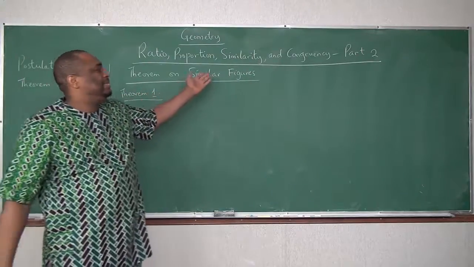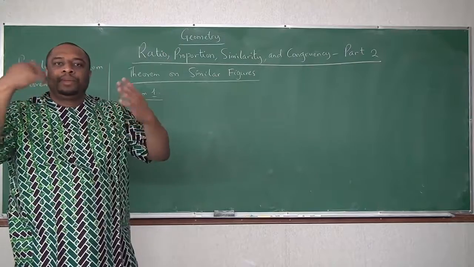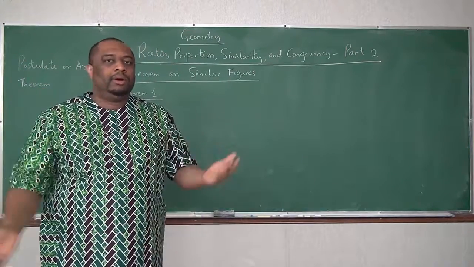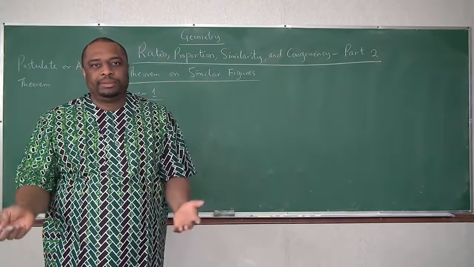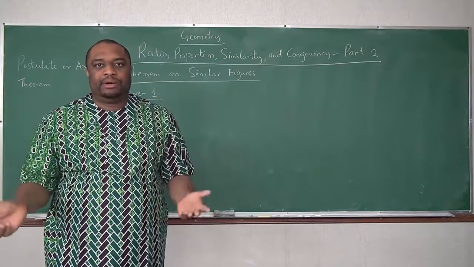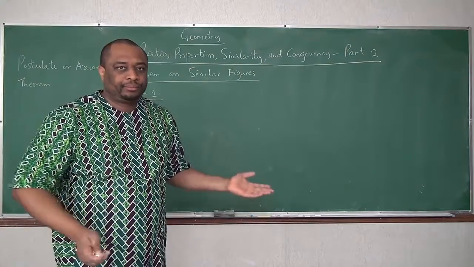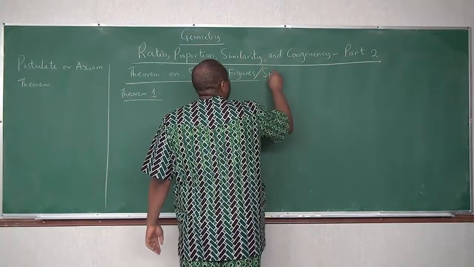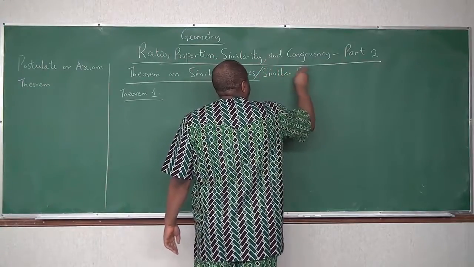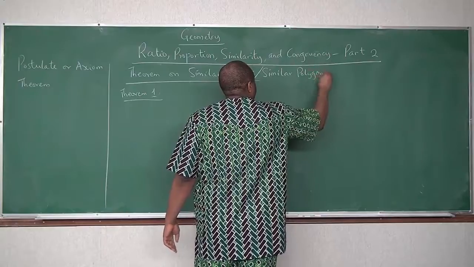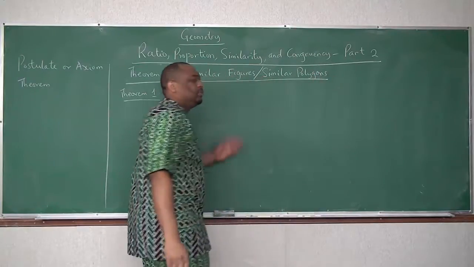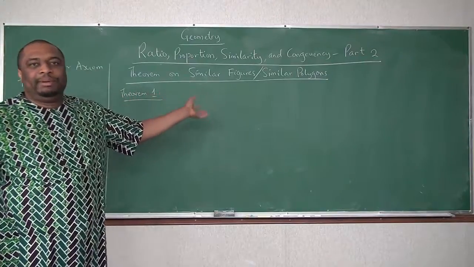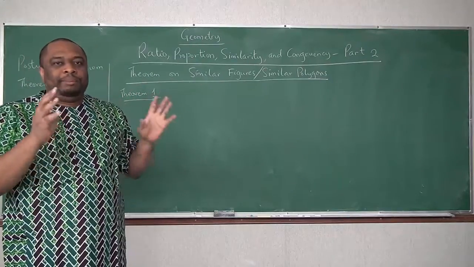When I mean similar figures, it means similar triangles and other similar figures, quadrilaterals, pentagons, similar polygons. That is what I mean. So with this theorem on similar polygons, we look at the perimeter.